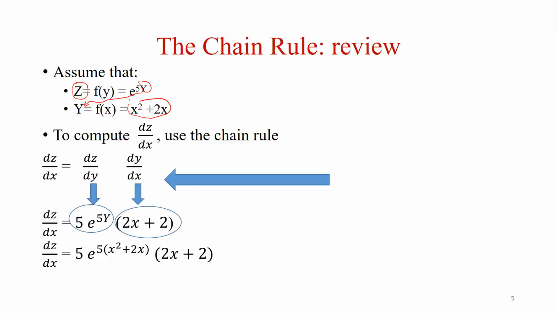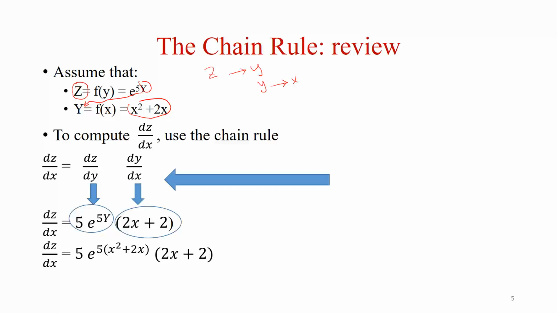So really, you can see that here. z is dependent on y, and y is dependent on x.